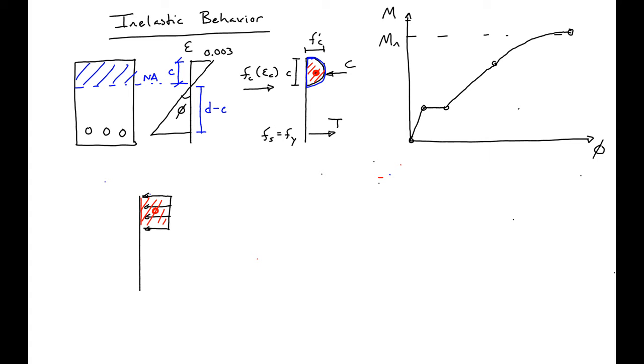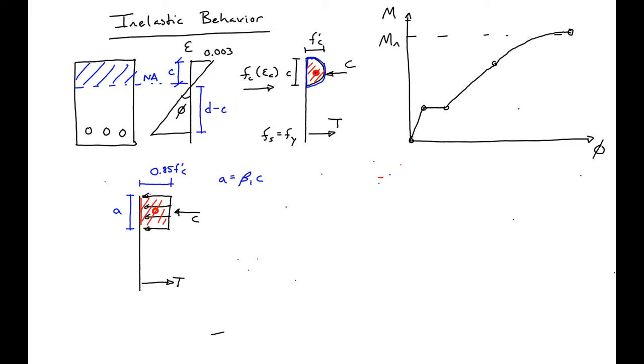So what we'll find is, if we use a height of 0.85 f prime c and a depth of a, where a equals beta 1 times c, we'll have about equivalent areas and about equivalent centroids. So then we'll still have our tension force T and our compressive force C, which we can put at the centroid of this block.